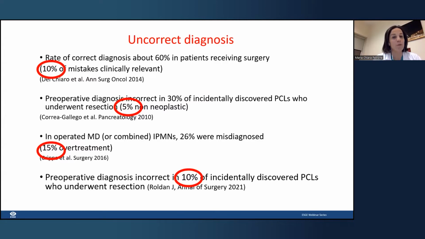And probably the physician should also be a little bit stressed, because we know that we make mistakes. In the last decade, several surgical series have been published, and we know that there are patients who undergo surgery for benign lesions that were presumed to be premalignant or malignant.